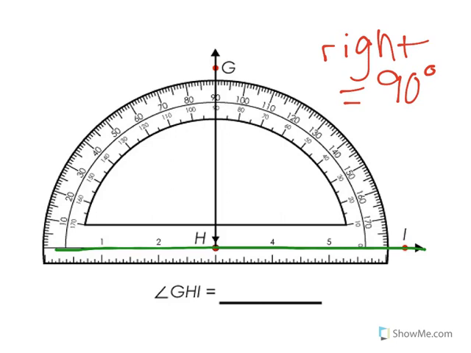Then we're going to take our point where the two rays meet, and we're going to make sure that it's on the point of the protractor, just like that. Then we're going to follow this one up, just like that. And I can see that it's at 90. So again, the measure of our angle is 90 degrees. So is it a right angle? Yes, it is.